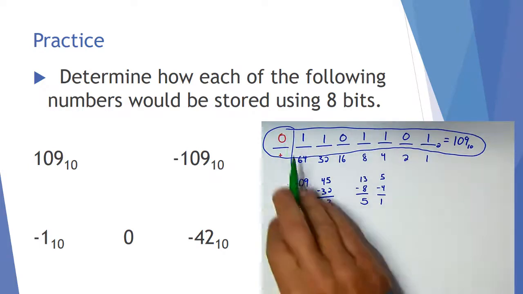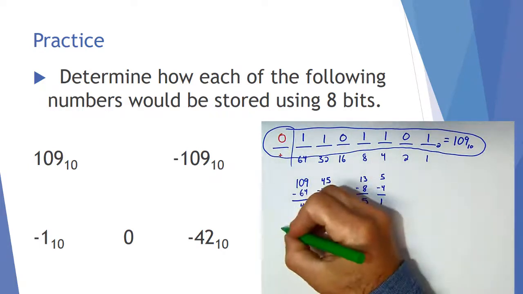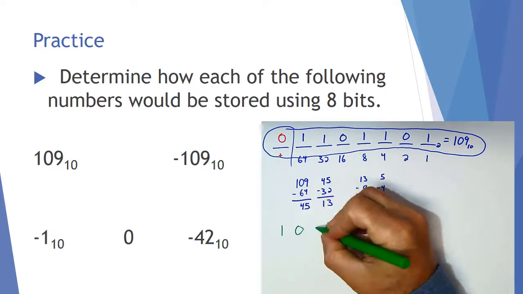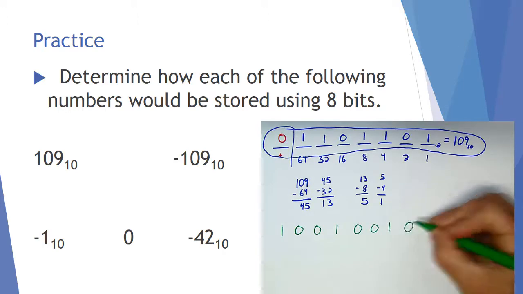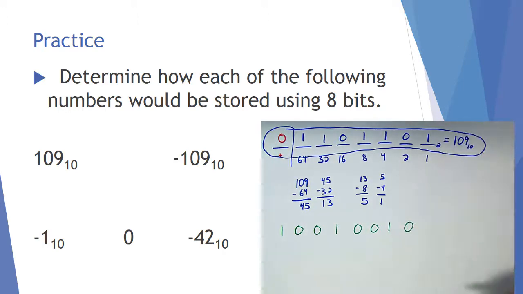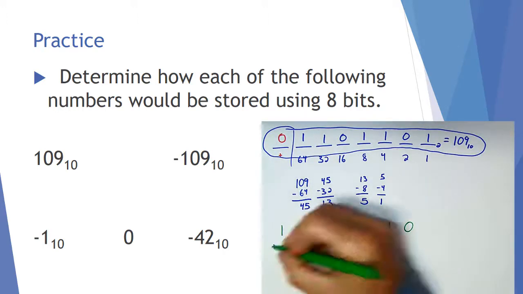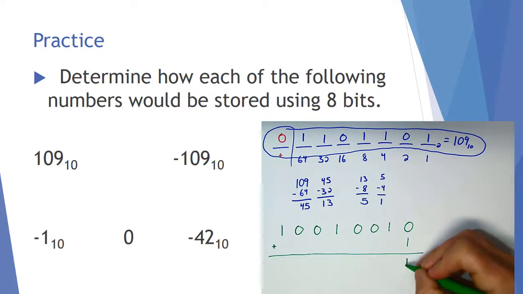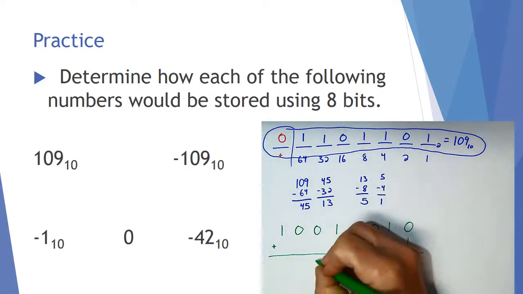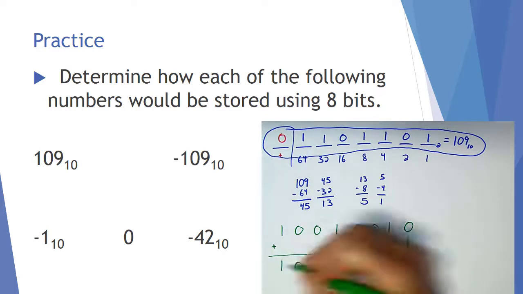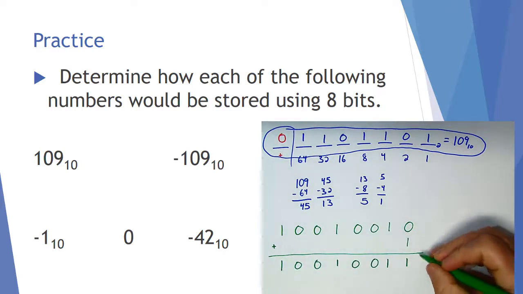First, we're going to switch all these 1's and 0's over, so this becomes 1, 0, 0, 1, 0, 0, 1, 0, flipping all the 1's and 0's from 109. Now we're going to add 1 to that, and if we do that, we get, from the right, 1, 1, 0, 0, 1, 0, 0, 1. There it is. That is our 2's complement.